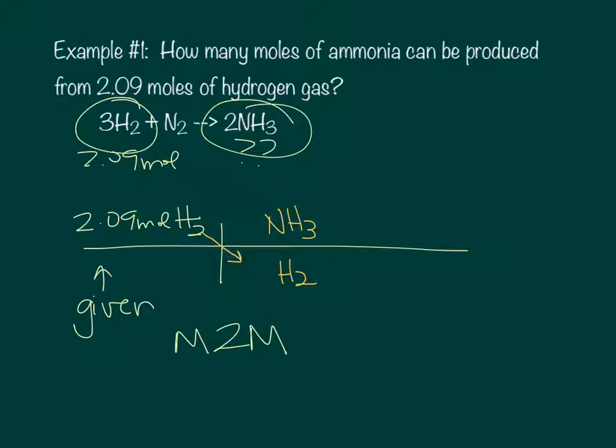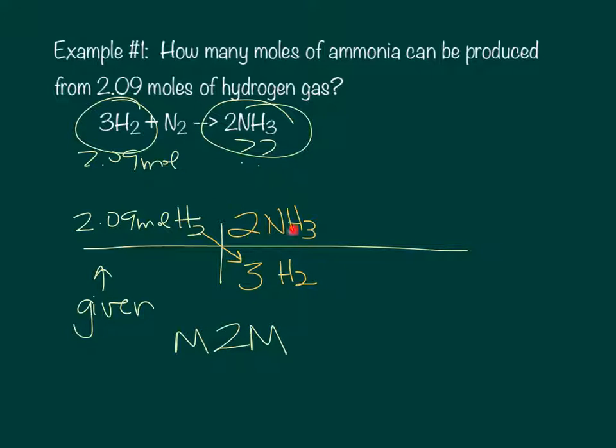If we take a look at our balanced equation, up here we've got 3H2 and 2NH3, so our mole-to-mole ratio is 3 to 2, or 2 to 3, depending on how you want to write it. 3H2 gives us 2NH3, and I'm going to put those directly in here. After this point, I'm basically done because the question is asking for how many moles of ammonia, and that's what I have here.